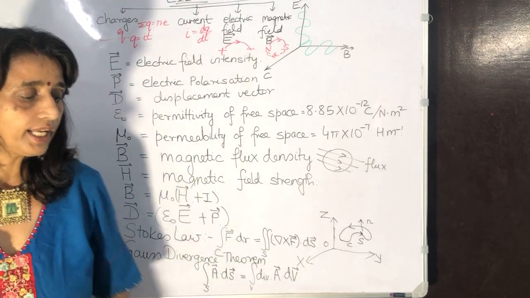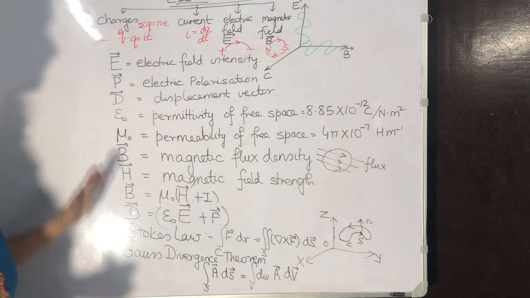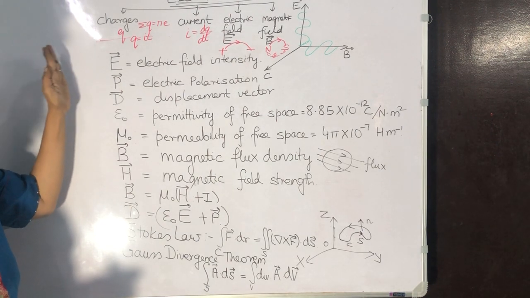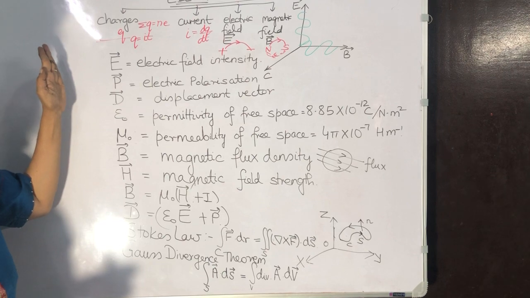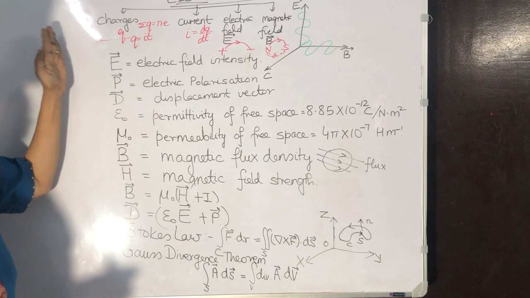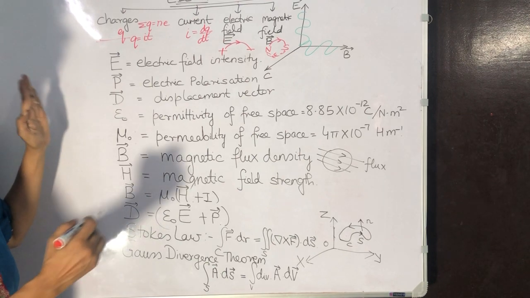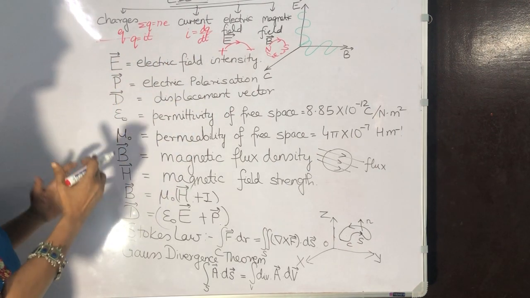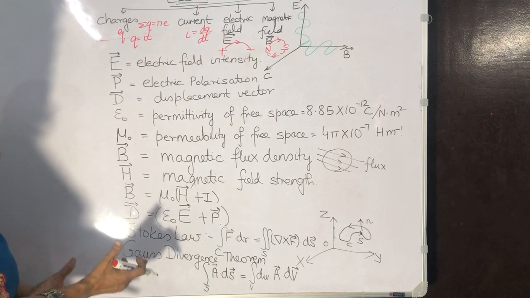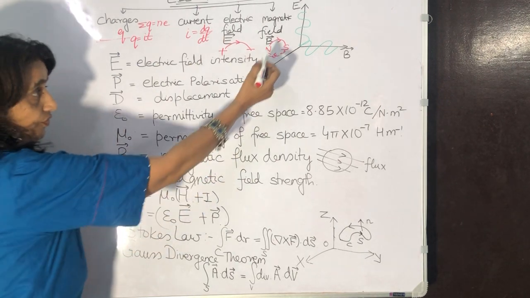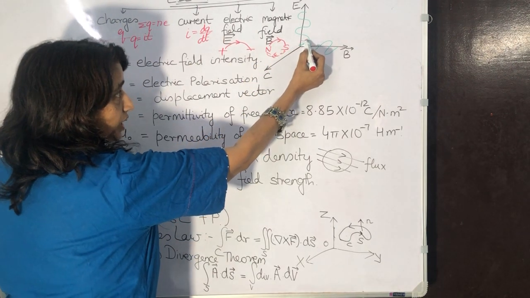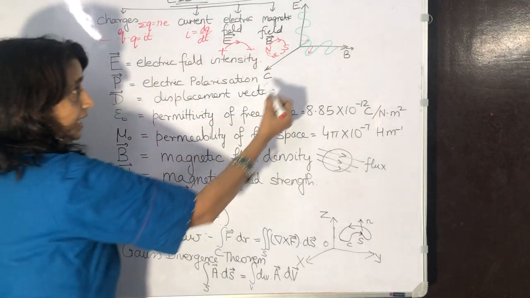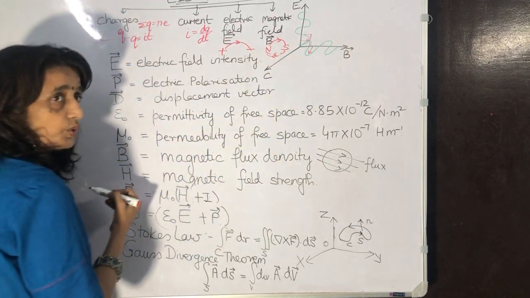So in electromagnetic field theory, we will be combining charges, current, electric field, magnetic field concepts. We will then switch over to Maxwell's equations, who gave a totally new picture to electromagnetism, and see how current gets generated. Now, a varying electric field will produce a varying magnetic field, and they will be perpendicular to each other.